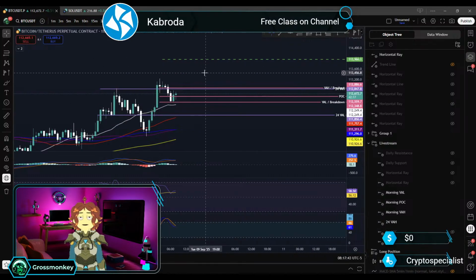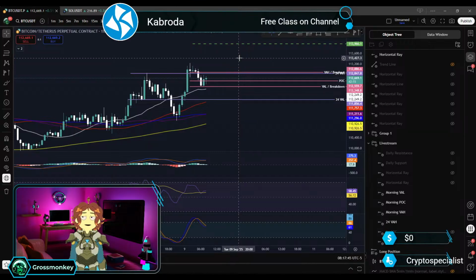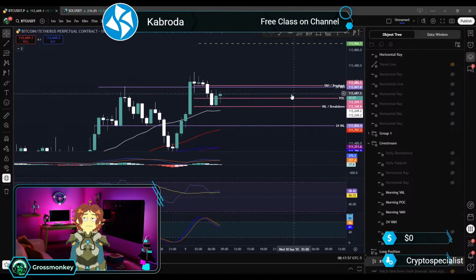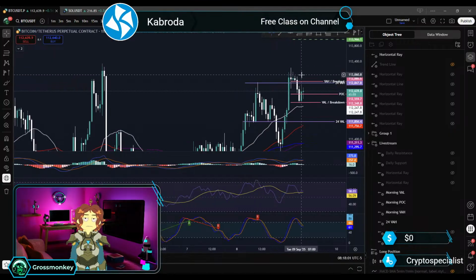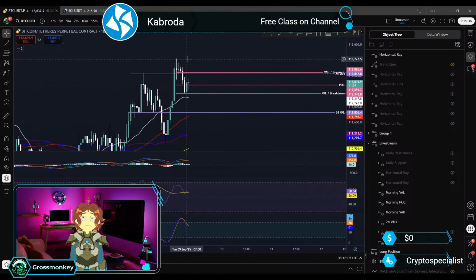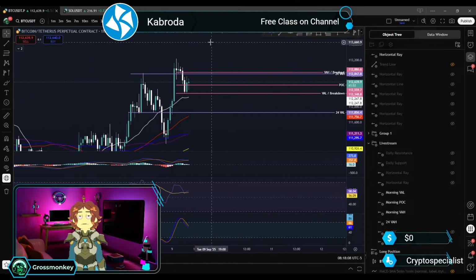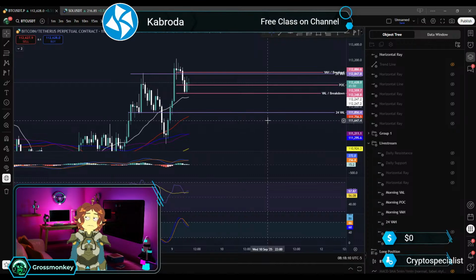For the 1 hour, the battle box says we got higher lows intact, but rejection wick is near the 112.8k to 113k range. It shows that sellers are defending the volume area high. So we're kind of running into this area. The sellers are defending this range right here, essentially. Momentum's flattening, RSI is rolling sideways.